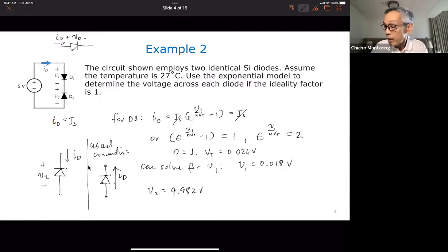Actually, this is going to come out negative, no? Because this is V sub D. So this is going to come out negative. But I of D is also going to be negative. Kasi dapat ganito yung direction ng current. And that's why I of D will be equal to I of S.